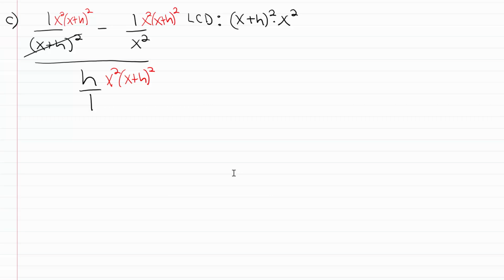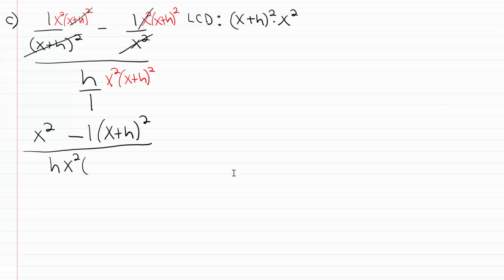So the x plus h squared cancels with the x plus h squared, leaving you just 1 times x squared. Then we'll have minus. The x squared here will cancel with that x squared, giving you negative 1 times x plus h quantity squared. All of that will be over h times x squared times x plus h quantity squared.